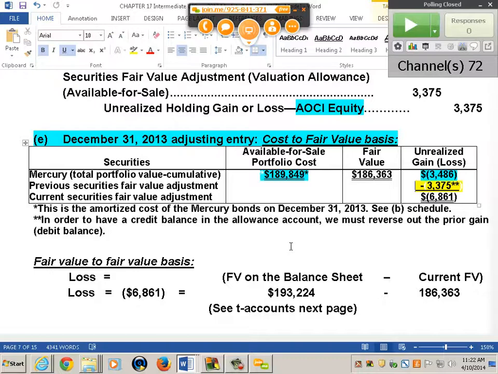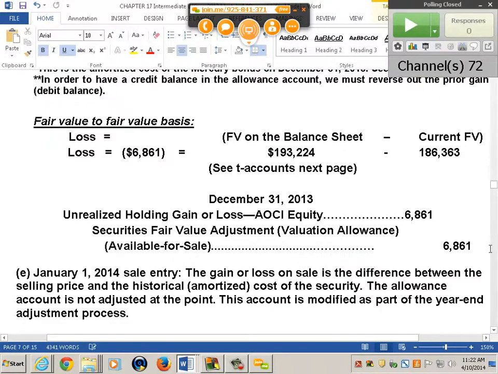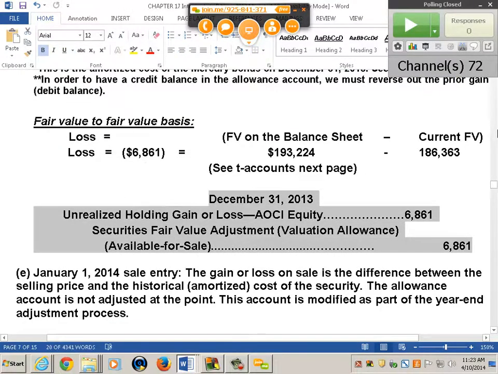Because this is on a cumulative basis, you have to reverse out the prior gain, and then I take the 3486 as the additional loss. Either way, either do the current loss and remove the prior gain. Whatever it is, the adjustment has to be 6861. So the journal entry debits the stockholders' equity section for the unrealized gain or loss in AOCI, and you credit the valuation allowance for 6861.